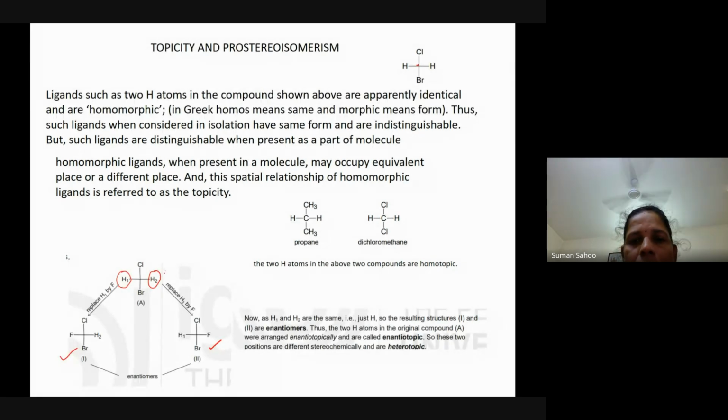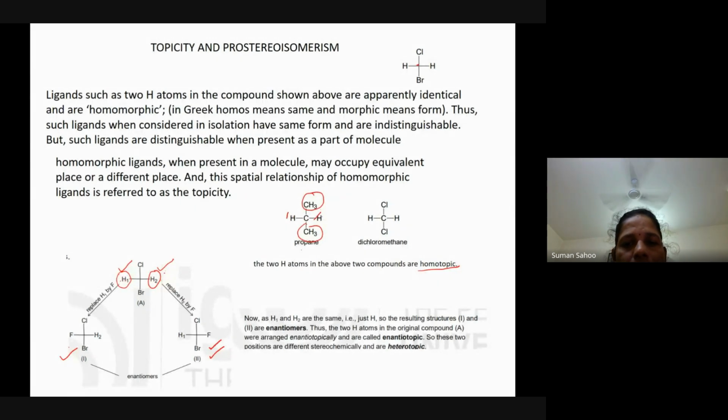Their relationship in space is what we call topicity. If they give the same compound, then those are known as homotopic. That happens when these two groups are the same, so whichever one you replace, you are going to get the same compound. But when you replace this hydrogen you get one enantiomer, and when you replace the other hydrogen you get the other enantiomer. Since you get two different enantiomers, these are distinguishable, and they are known as enantiotopic hydrogens.